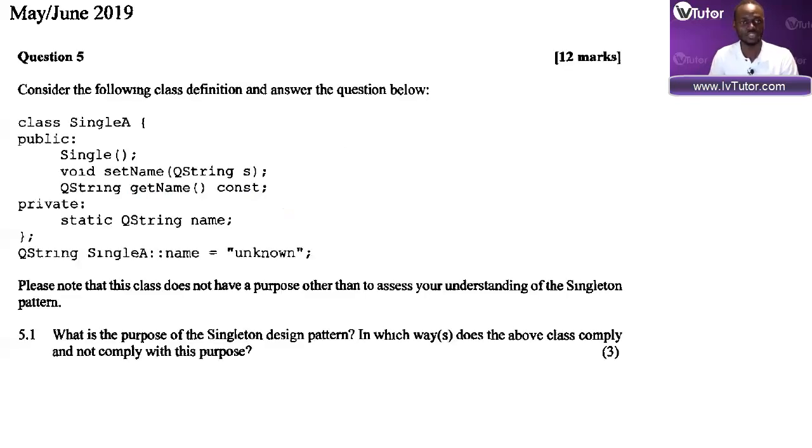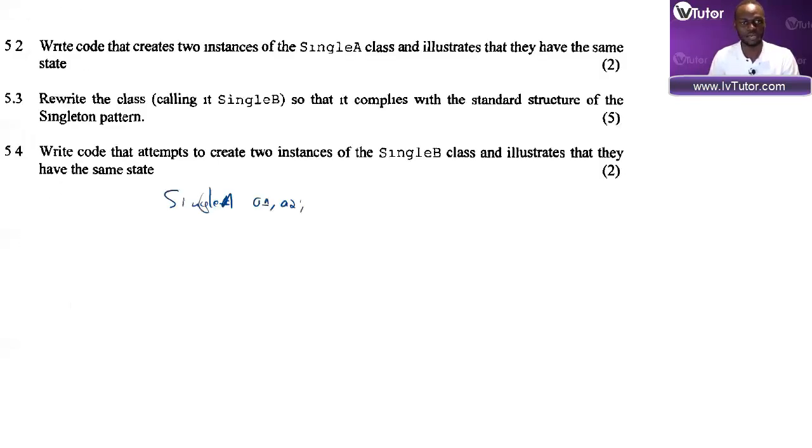So in this case, you can use your set name function. So you can then go A1 dot setName to ABC, right? And then you can display however way you want to display. The purpose of this code is to just demonstrate that A1 and A2 have the same state. At this point, you can then just explain that A1 and A2 will have the same value.